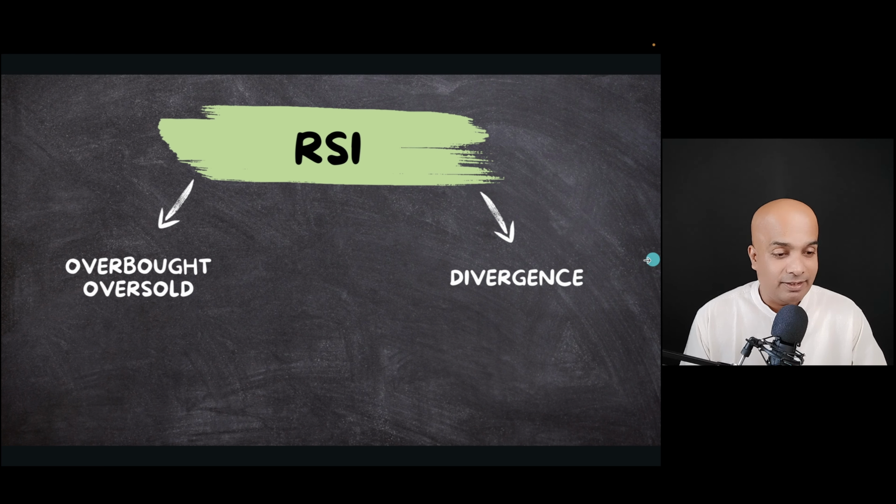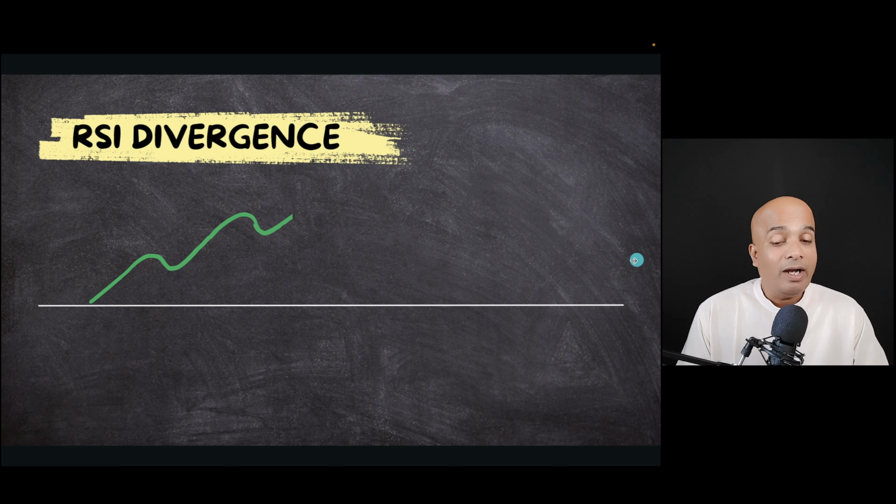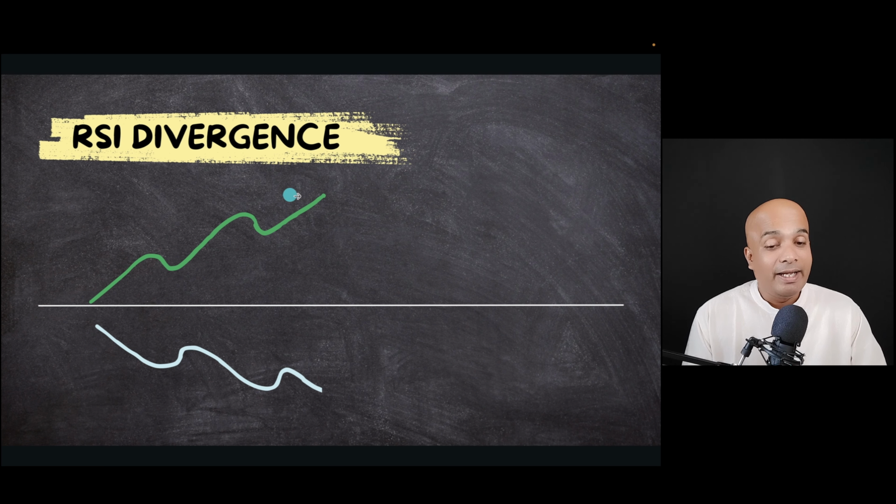Okay, RSI divergence. Basically, what divergence says is price makes higher highs and higher lows, whereas RSI makes lower highs and lower lows. So this is divergence. Price is going upside, RSI is going downside.